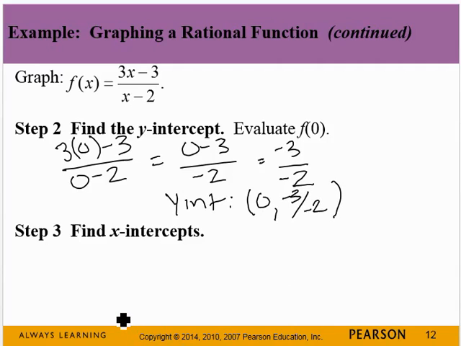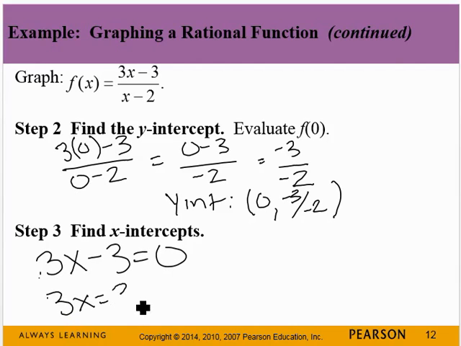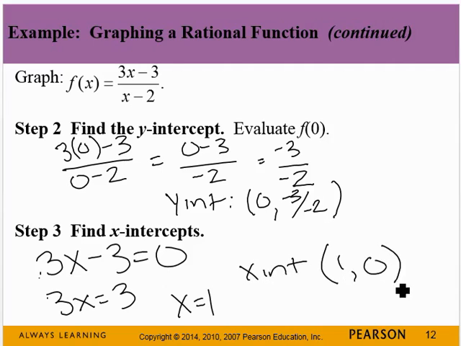Now to find your x-intercept, this means you're going to have 3x minus 3 equal 0. This means you have an x-intercept at 1, 0. Now move on to step 4.